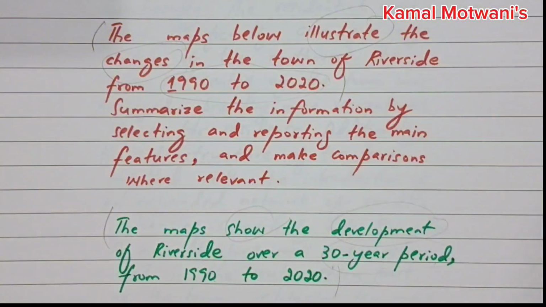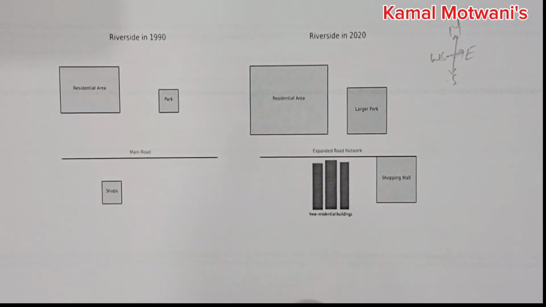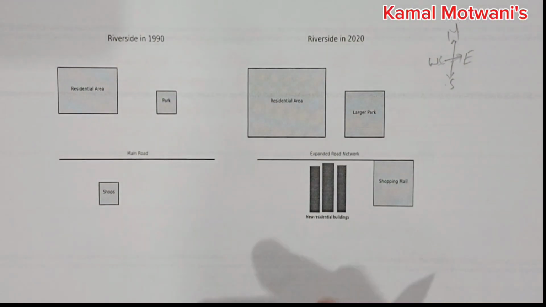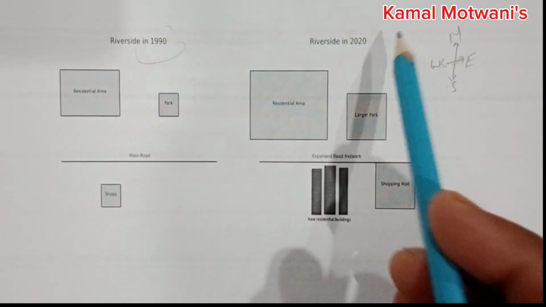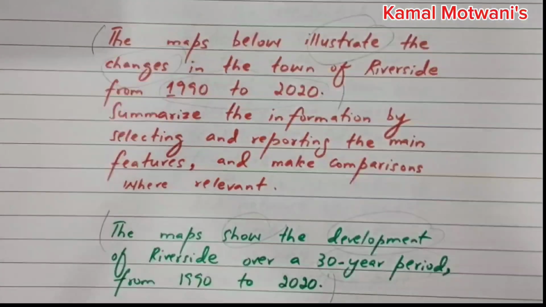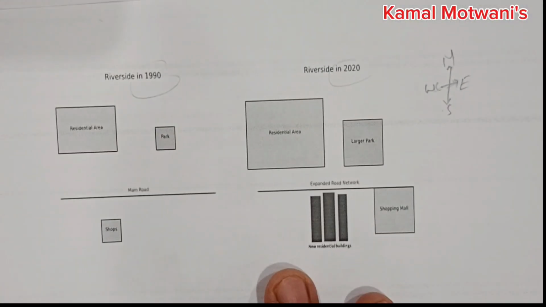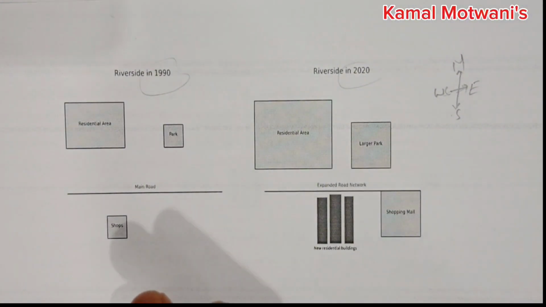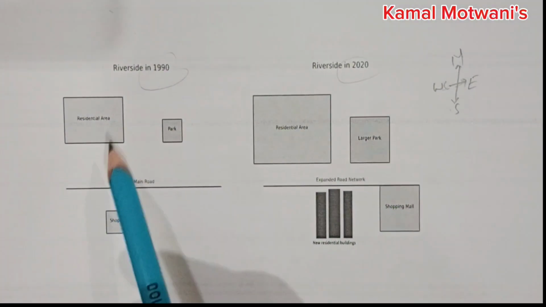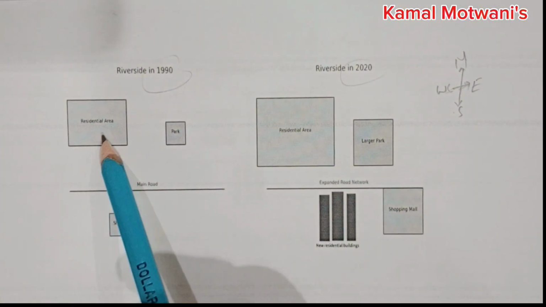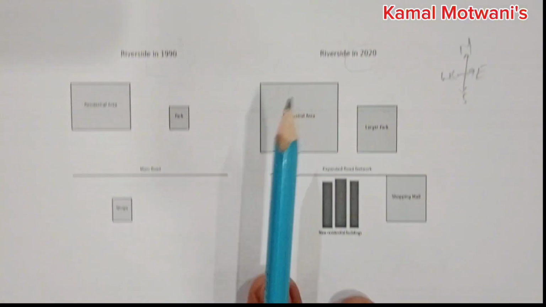But do notice that in the overview we have to write the major changes or the major shifts that have occurred from 1990 to 2020 in Riverside. So in 1990 in Riverside there was a residential area.